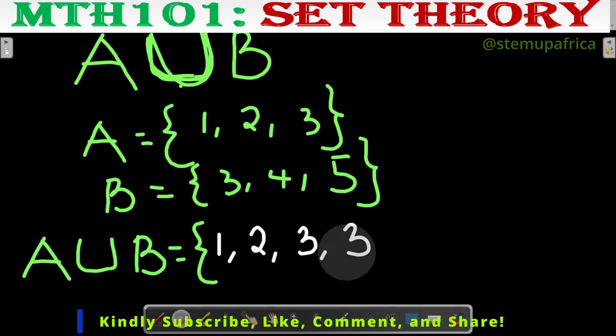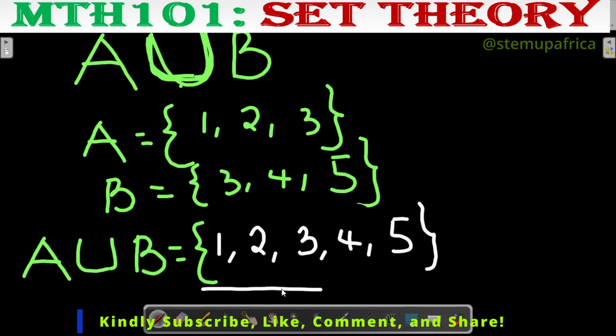So now that we have 3 there, you just pick a single 3. Then we have 4, then 5. This is now your A union B.